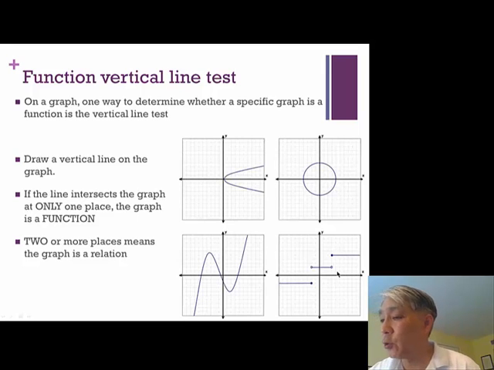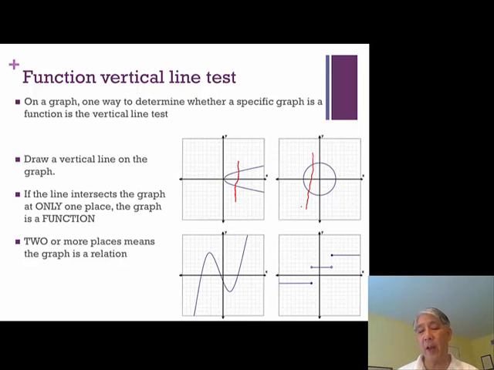If I draw a line here, I actually touch the graph in 2 spots. Same with the circle on the side here. If I draw a vertical line, it touches the circle at 2 different points. Therefore, those two are considered relations and not functions.